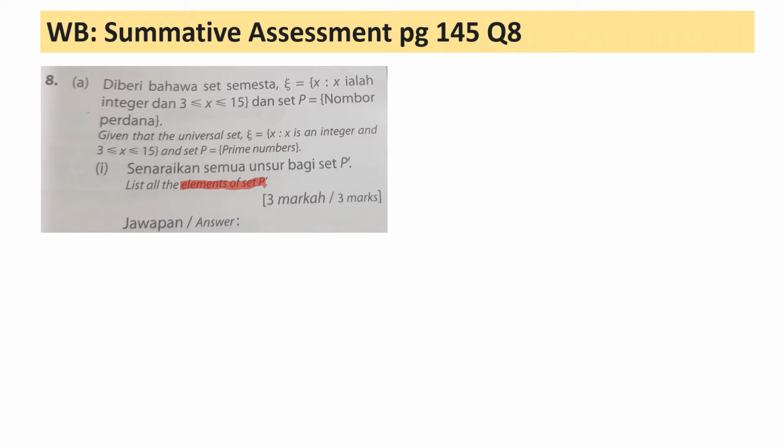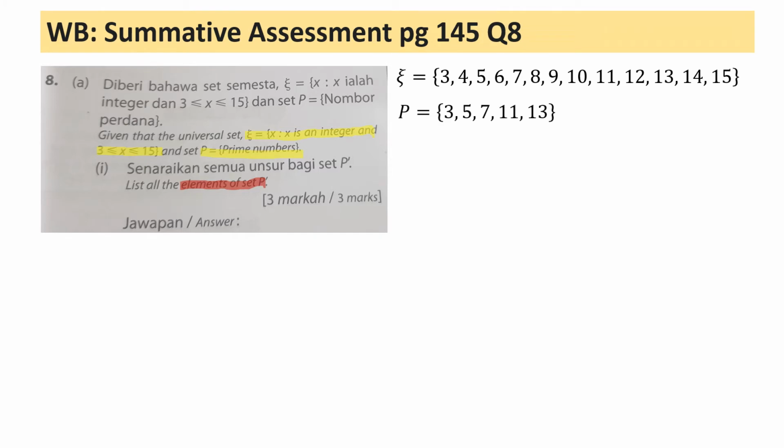As you can see, the universal set needs to be greater or equal to 3 and smaller or equal to 15 here. This will be the first information given. And the second information given is that P equals prime numbers. So what you need to do is list out the prime numbers. So here will be the universal set, and here will be the set P.